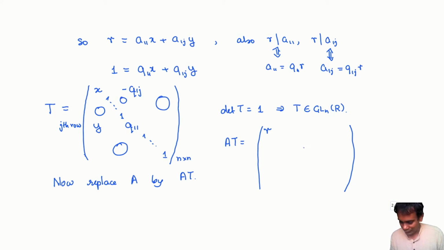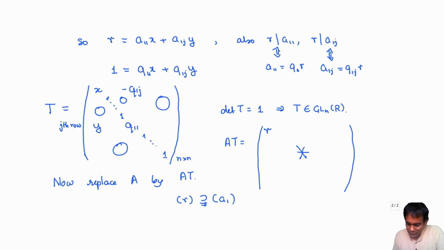And I don't really care what I get anywhere else. The point is that the ideal generated by r strictly contains the ideal generated by A11, and A is equivalent to AT because T is in GLN(R). So this is the modification that we do to clear out entries, say in the first row, in the induction step of computing the Smith canonical form.